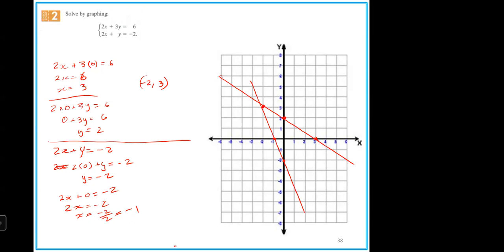And so we could try that -2 and 3 with each equation to see if it works out. But the solution has to work for both of them.